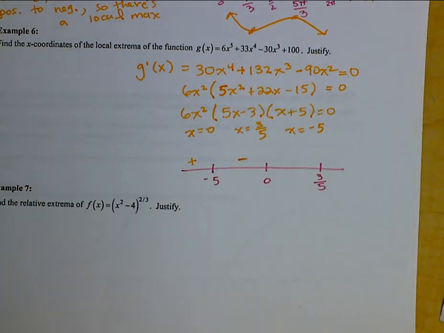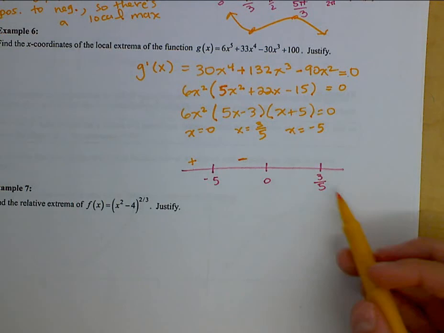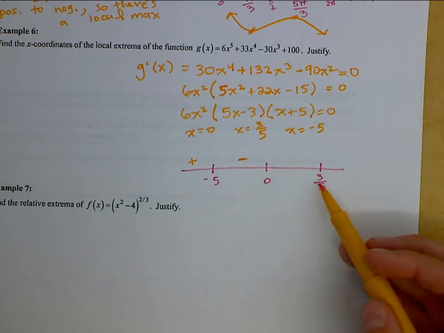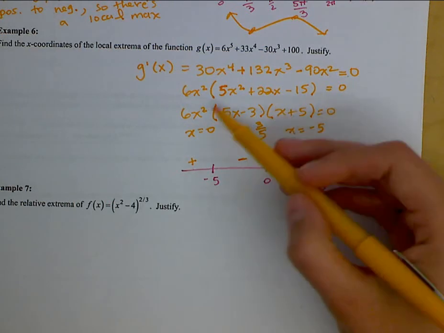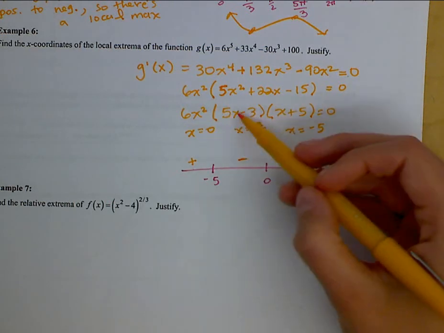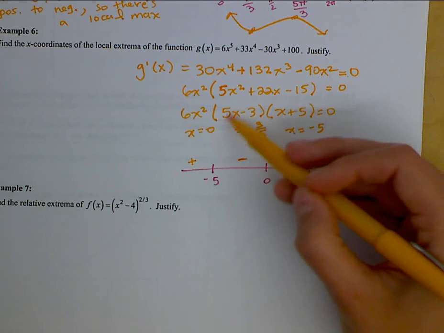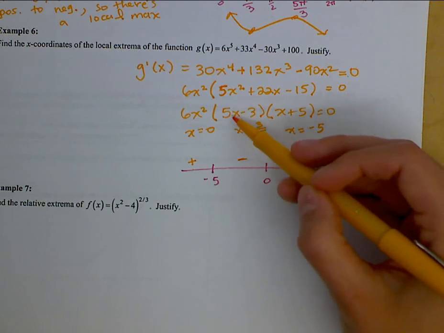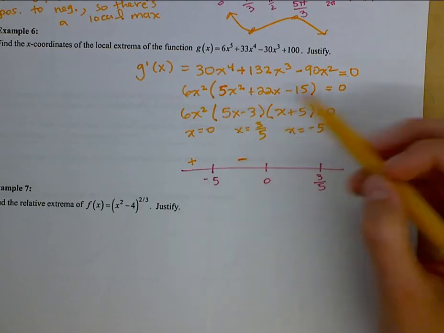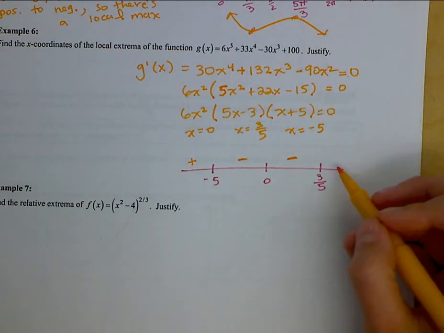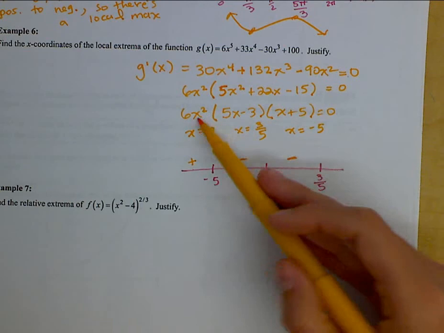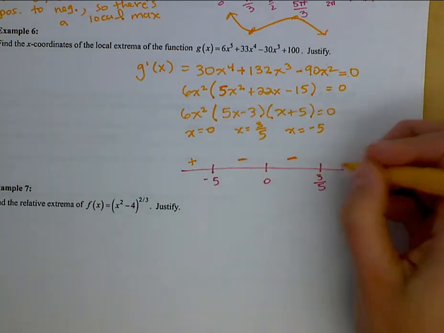If I plug in something smaller, like 0.5, I'd get negative, because this would be 2.5 minus 3, so that's negative, and this would be positive, so this part's negative. If I plug in 2, I would get positive, positive, positive, which is positive.